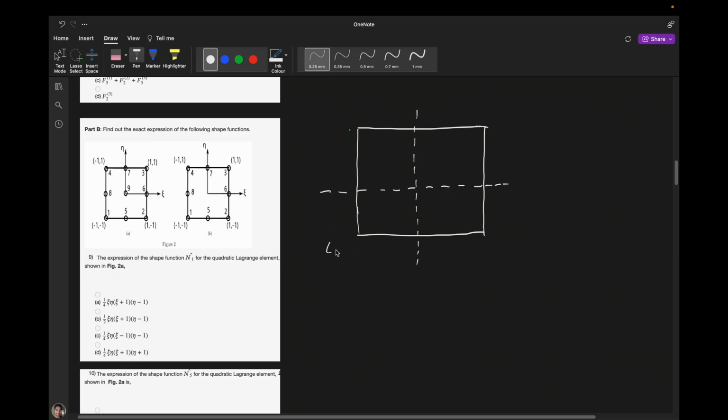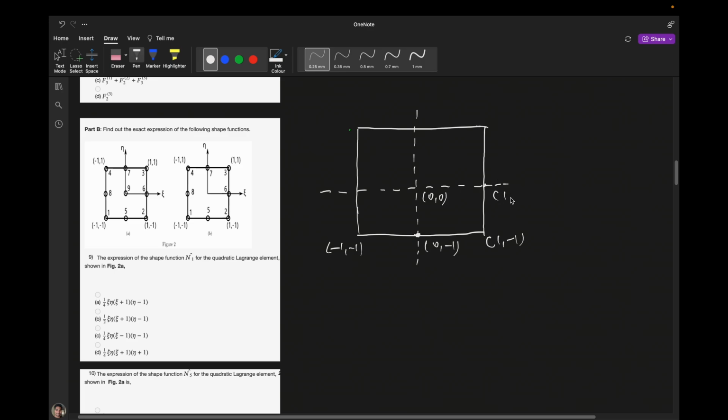So here the coordinate is -1 -1, here it is 1 -1, and here it will be 0 0 and 0 -1.